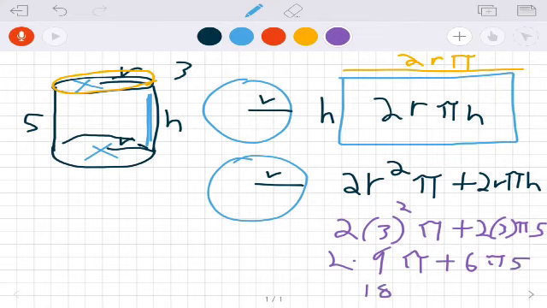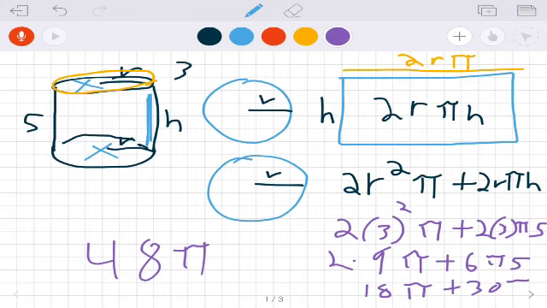We have 18 pi plus 30 pi. So we add these together, and that gives us 48 pi. And so 48 pi is going to be the surface area, and we could multiply that times pi and get around 150. Or we could just say this is 48 pi units.